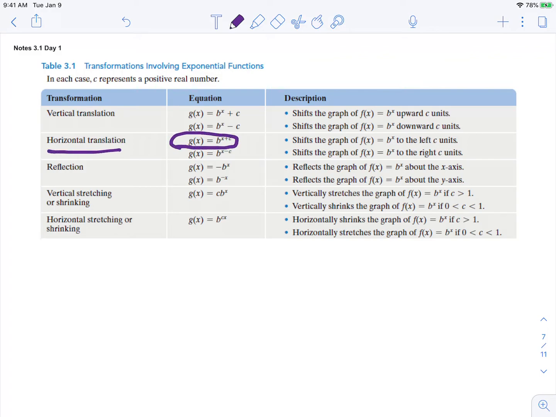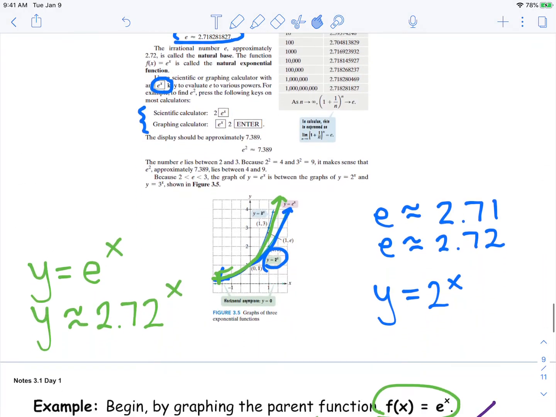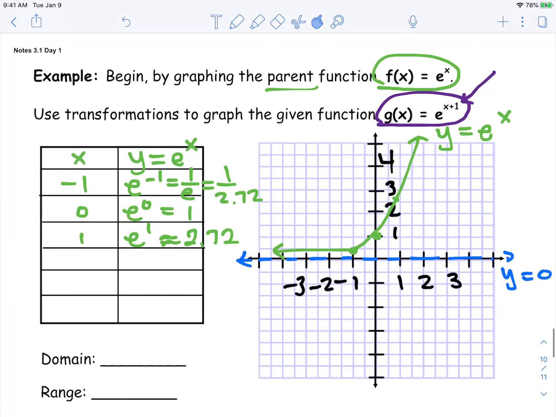It moves to the left 1 unit. So each of these ordered pairs are going to move left 1 unit. So if this is my first ordered pair, it's going to shift 1 unit to the left. If this is my ordered pair, it'll shift 1 unit left. And you would continue moving those ordered pairs left.